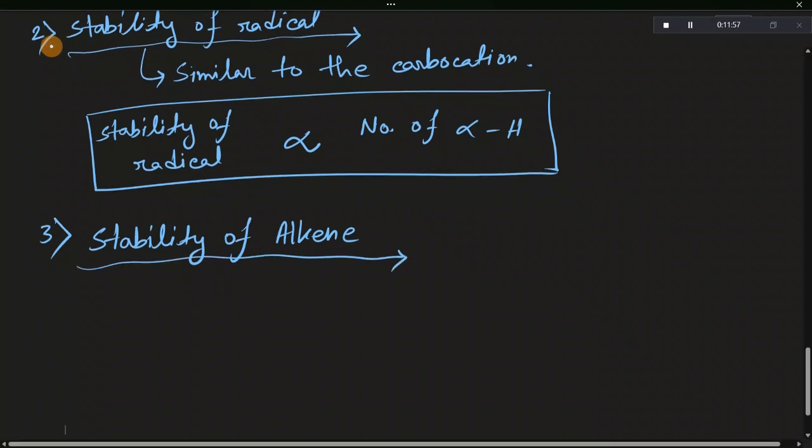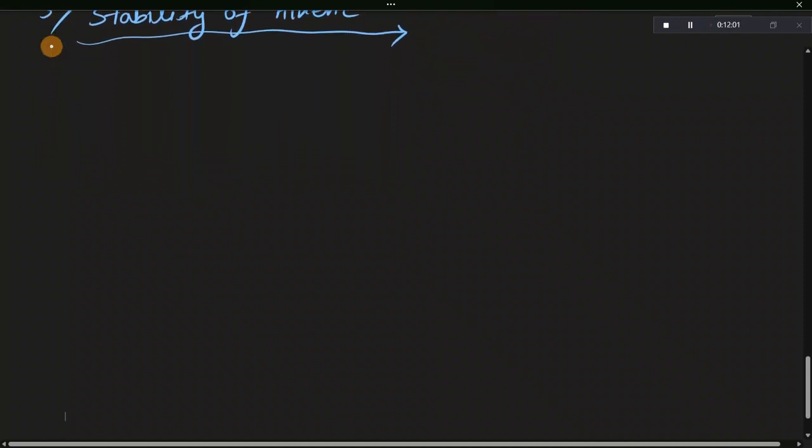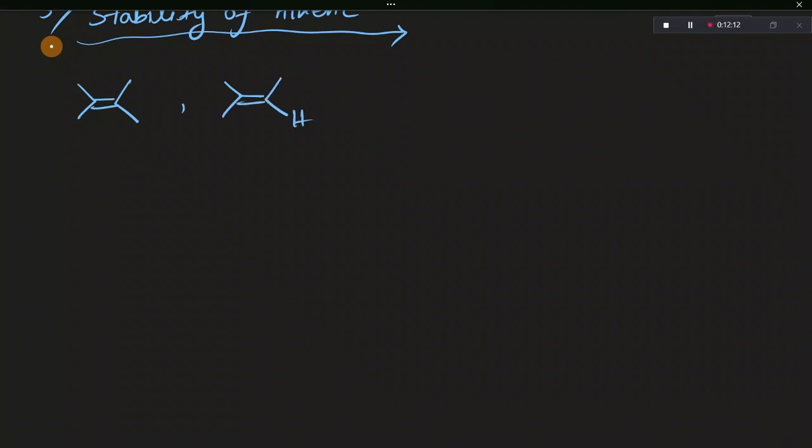We can also describe the stability of alkene using hyperconjugation. Let us consider some alkenes like this, this and this.